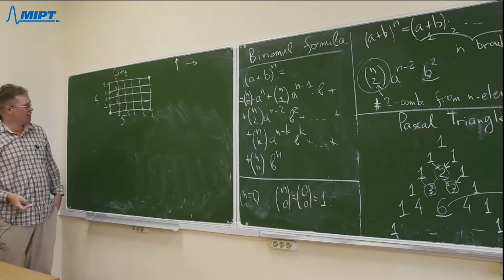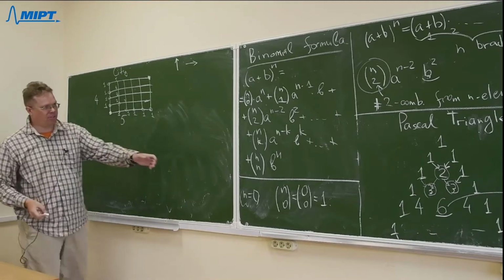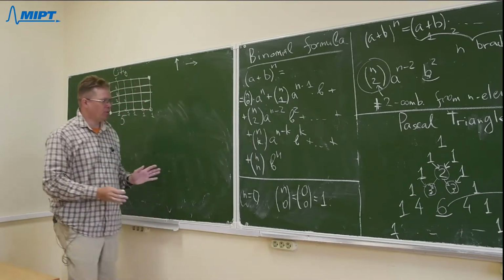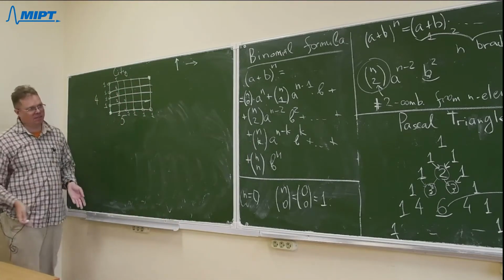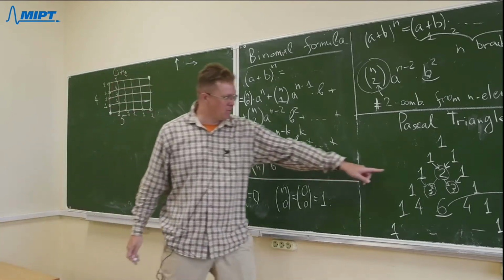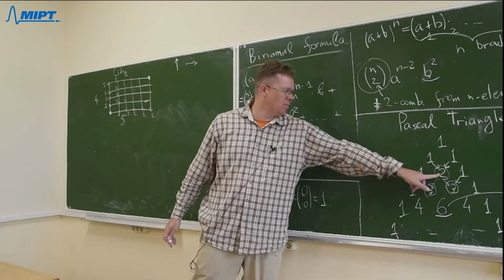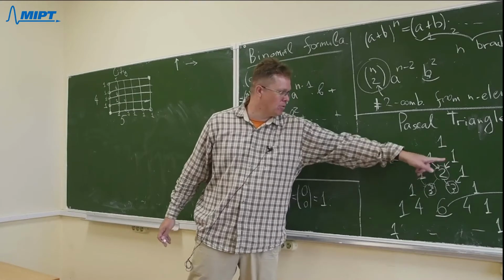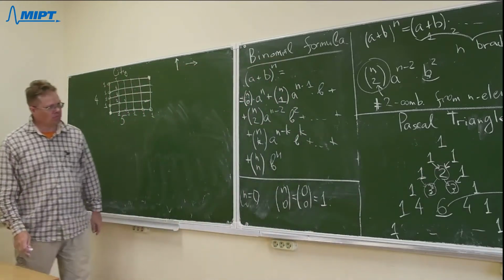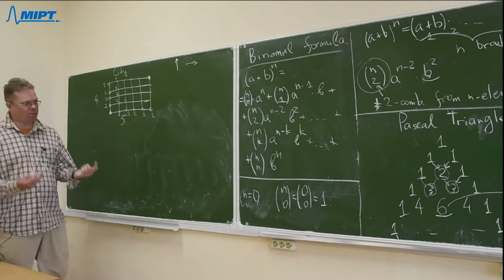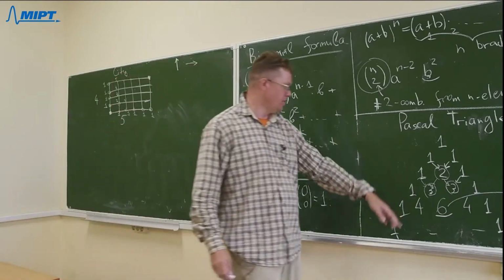And so this picture is the same as this one, but we just need to rotate it, because here we have the same principle. When we put a number here, we just sum the numbers over it.